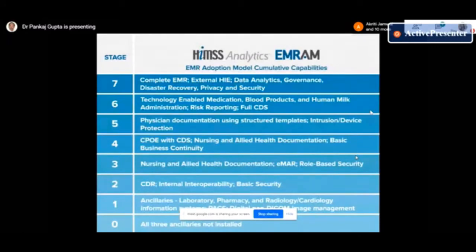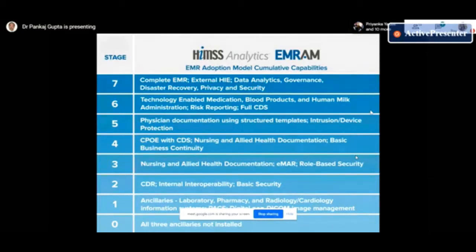HIMSS Analytics. So this is your EMRAM model. It's been talked about a lot, and a lot of people rally behind it. HIMSS is the Healthcare Information and Management Systems Society.